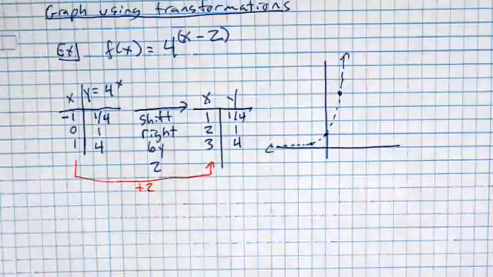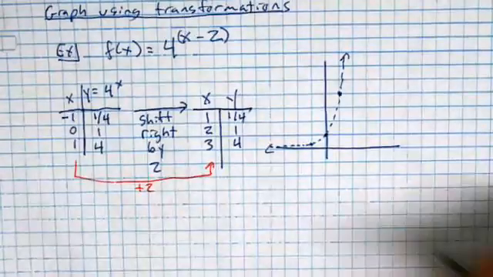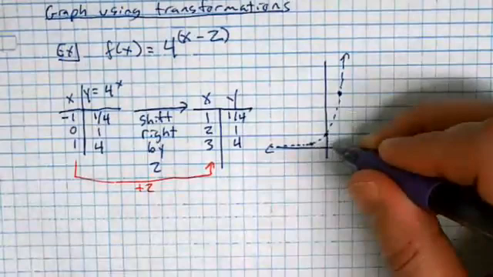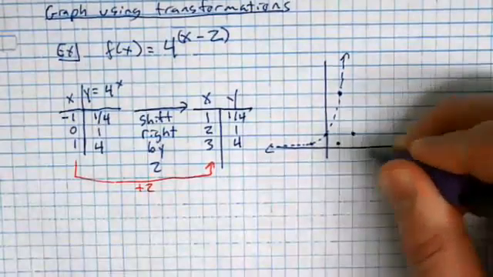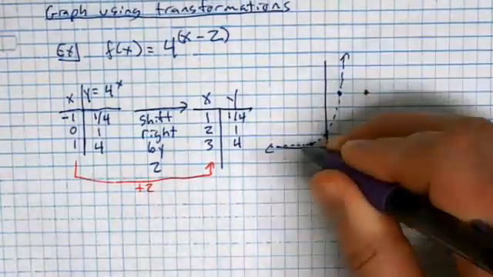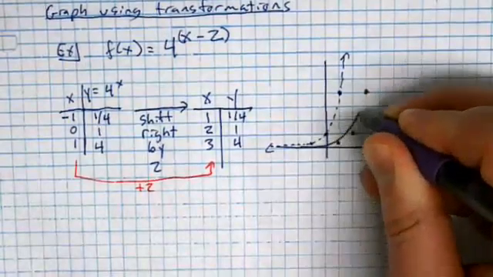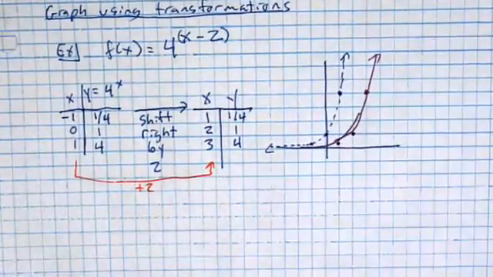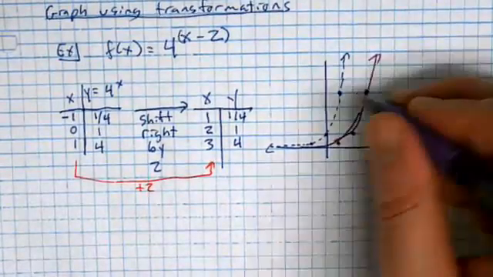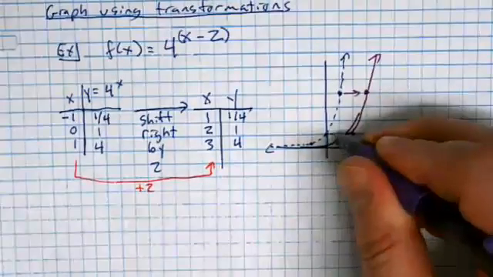And now I can plot these new points, and that should give me my final graph. So 1, 1/4, 2, 1, and 3, 4. And there's our graph. And we can see visually that we have managed to shift our graph to the right by 2.